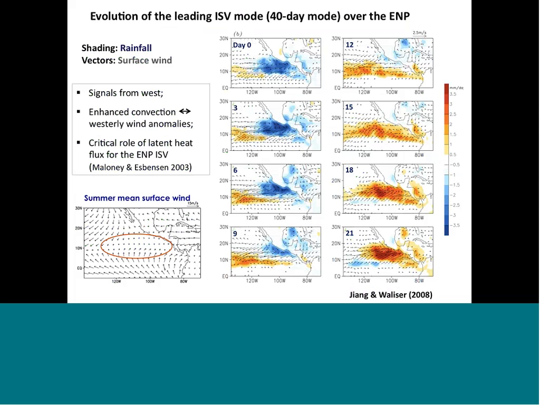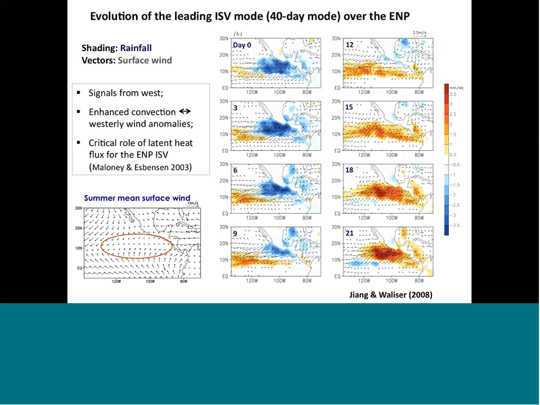Red means the enhanced rainfall, blue means reduced rainfall, and also the surface wind anomalies with vectors. So we can see during the Eastern Pacific ISV evolution, the convection first appears over the western side of the domain, then slowly propagates eastwards and intensifies.